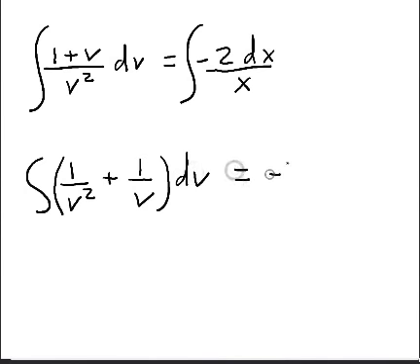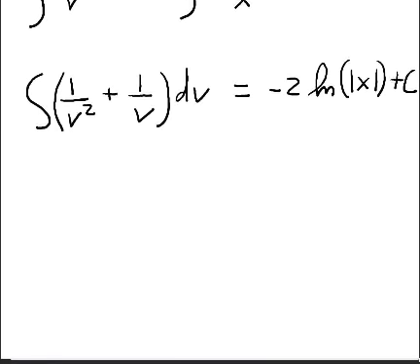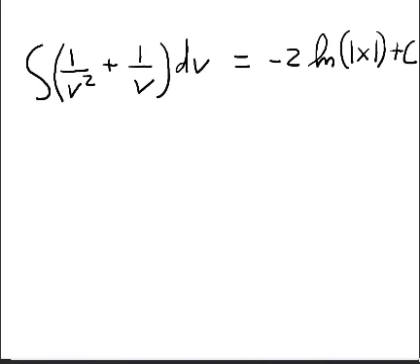This is minus 2 times the natural log absolute value of x plus a constant. Okay. Now on the left hand side, sorry, what we have is minus v to the minus 1 plus the natural logarithm of the absolute value of v. So these two must agree.